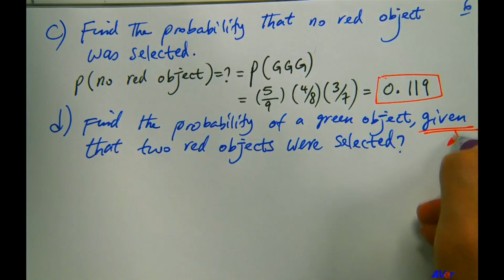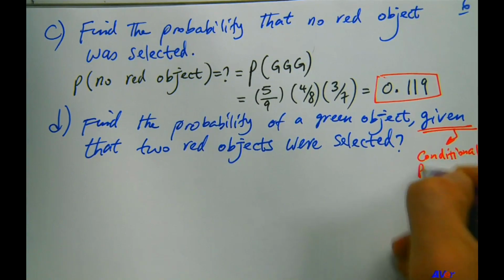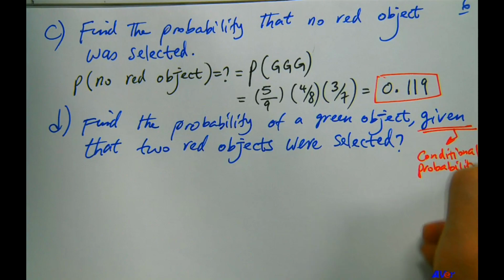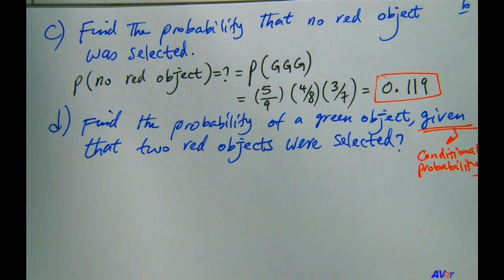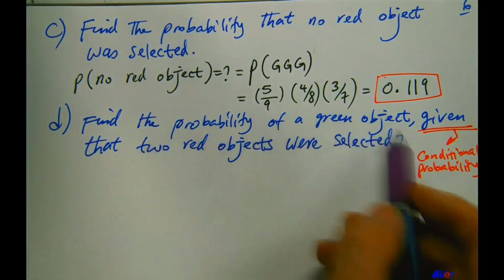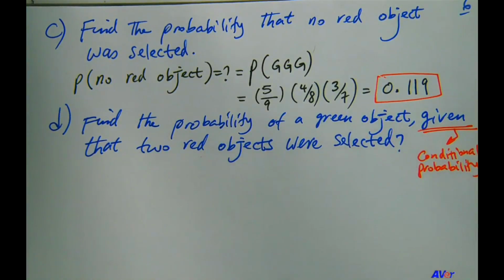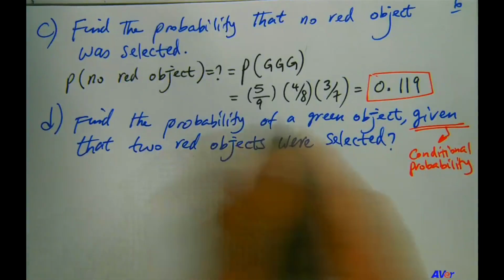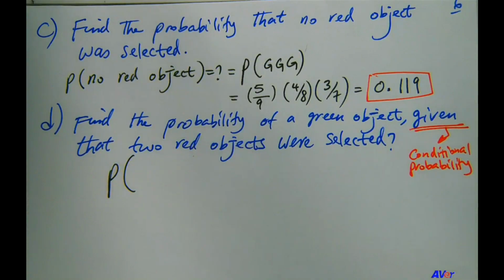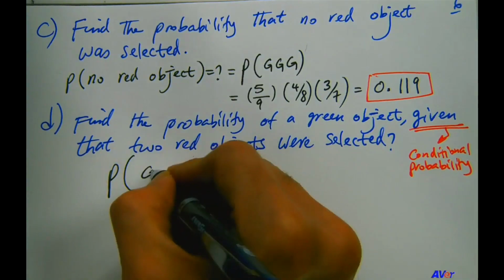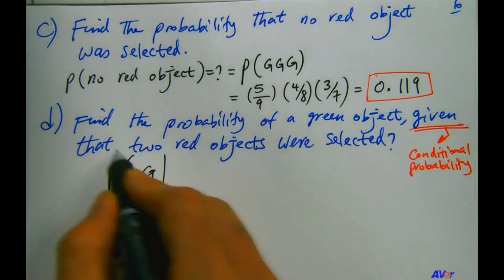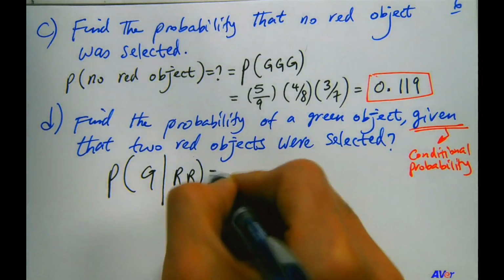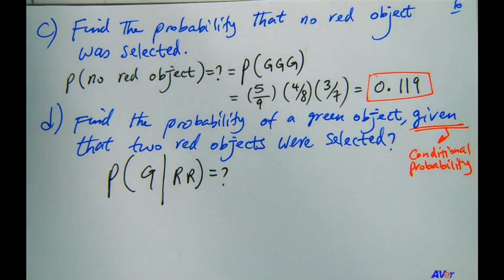It's conditional probability. That's the clue that you're looking for a conditional probability there. So before we look at the tree diagram, let's translate this into proper conditional probability notation. Probability of a green object given that 2 red objects were selected. Okay, that's what we're looking for.